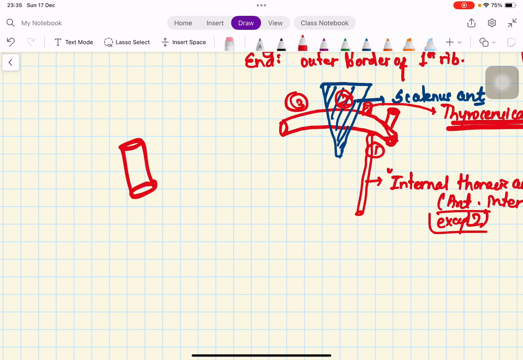It has got four branches, to be precise. What are the four branches? I will give you the mnemonic. It is something like Sita.